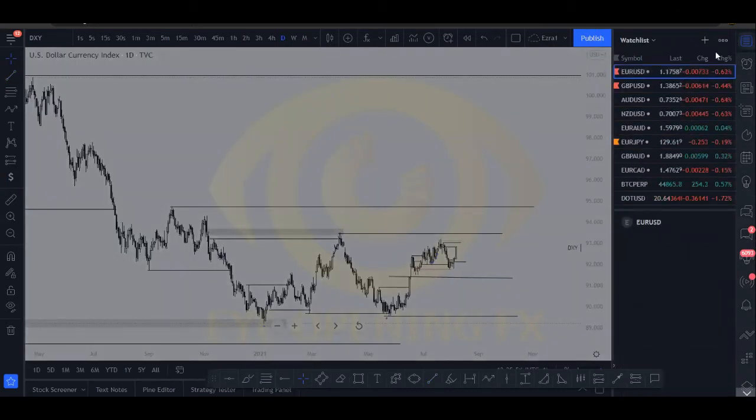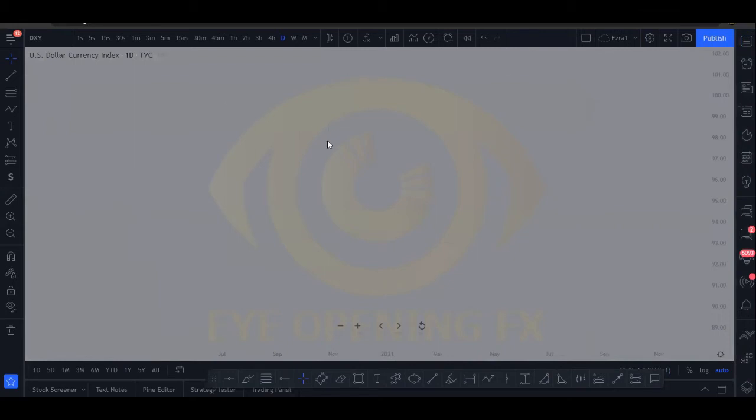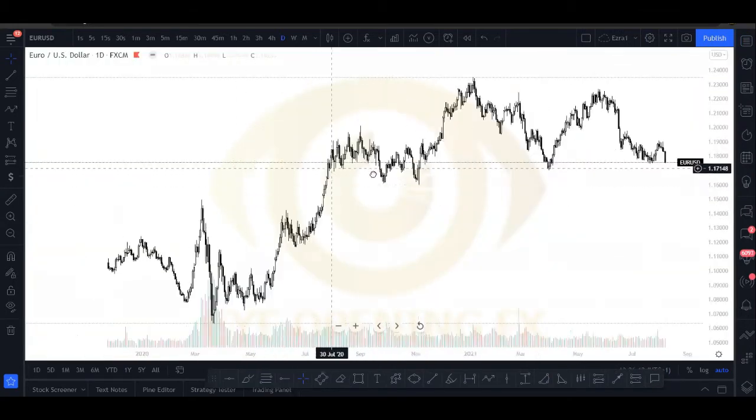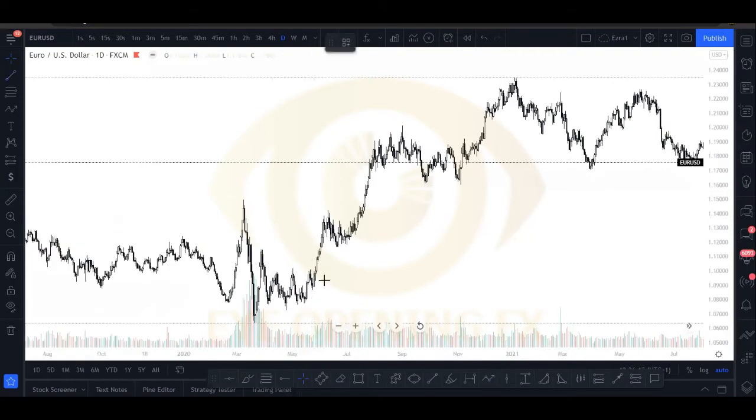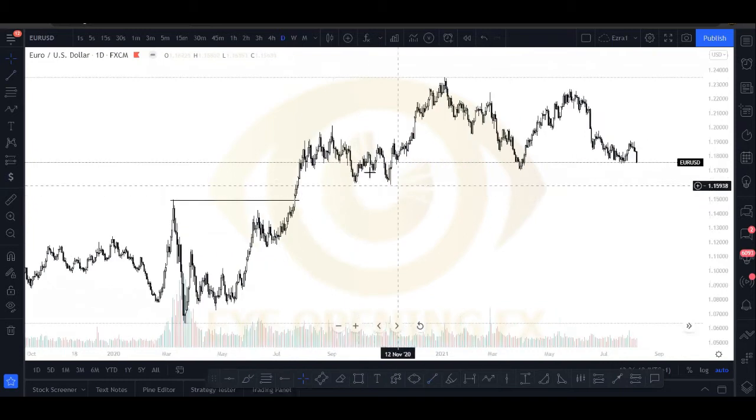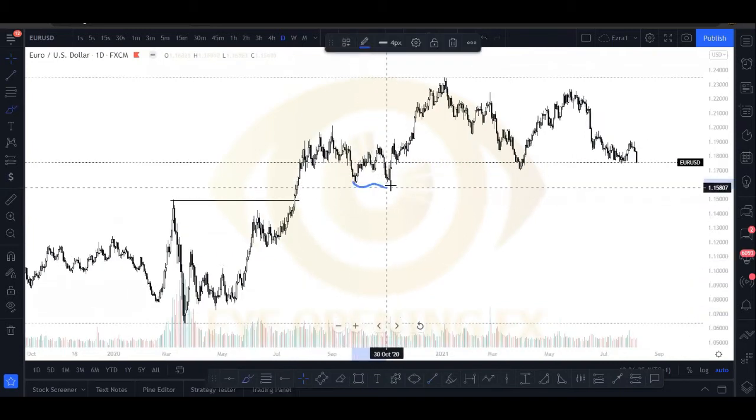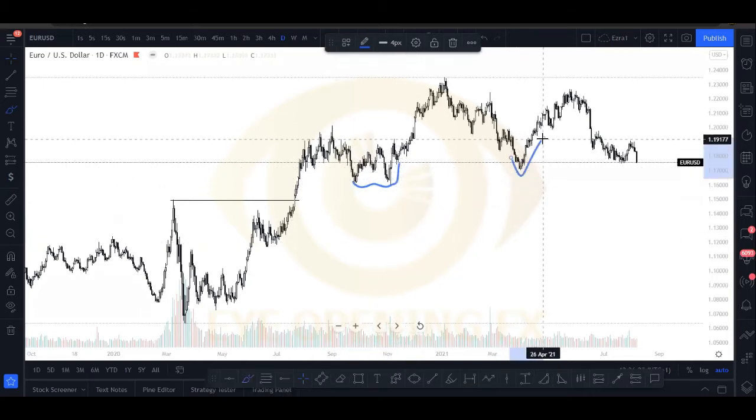Okay. So on EU, here, this is our break of structure. This is what we call a weak rejection. When market gives something like this, a weak rejection. When you give this, a strong rejection.